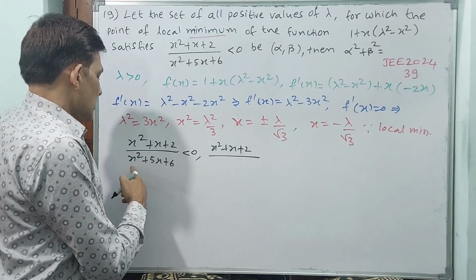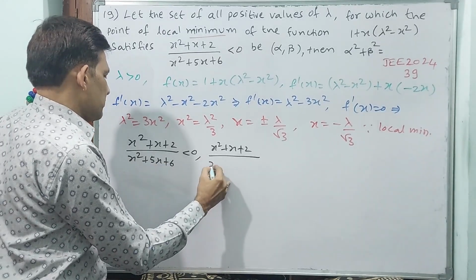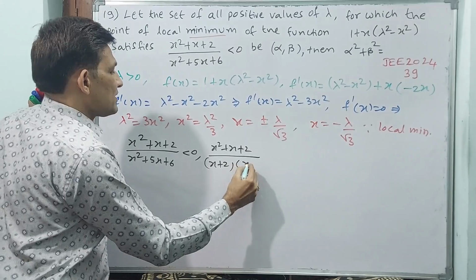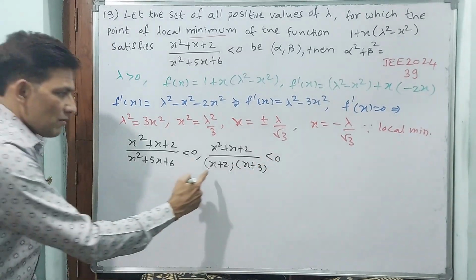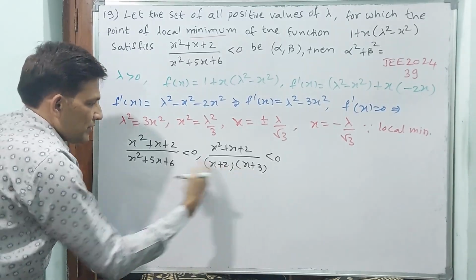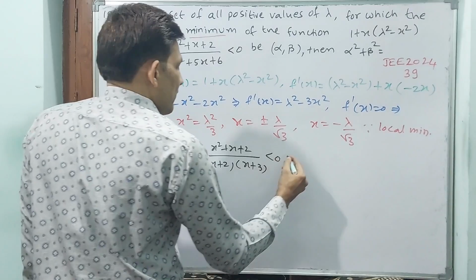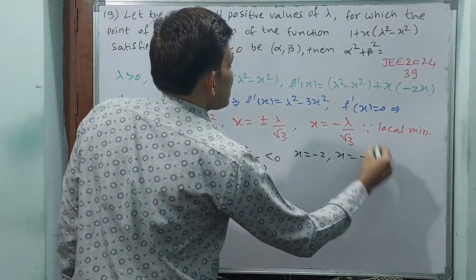Now make the denominator like this: x plus 2 into x plus 3, because x square plus 2x plus 3x is 5x, and 2 into 3 is 6. Now x is equal to minus 2, x is equal to minus 3.